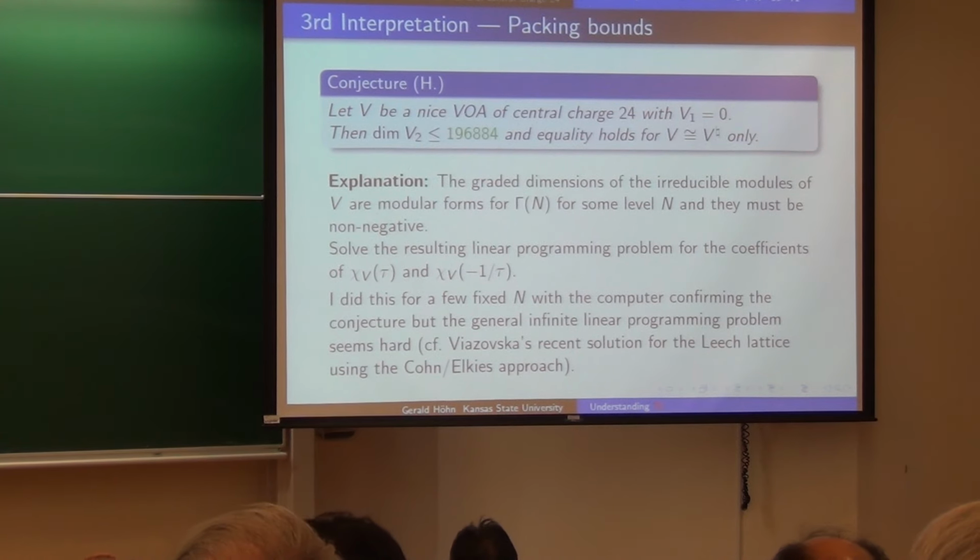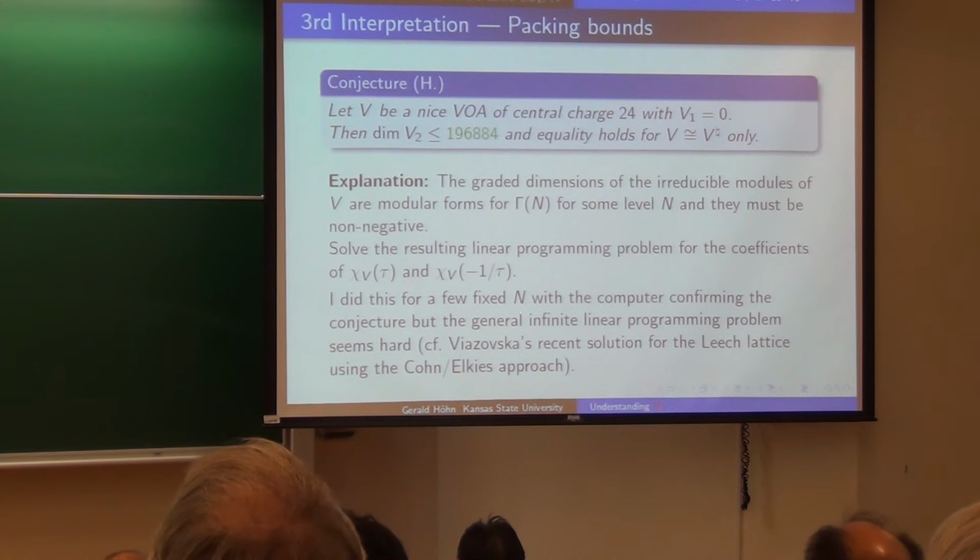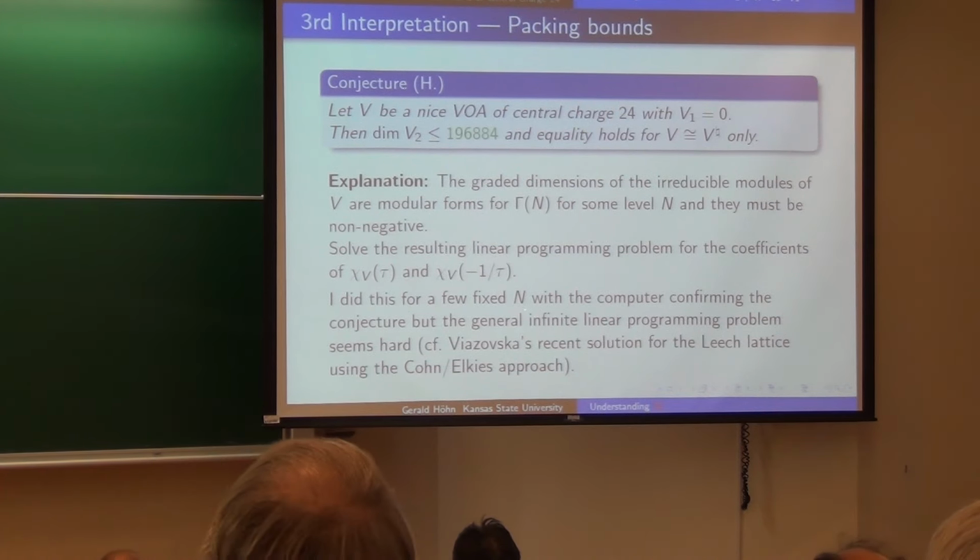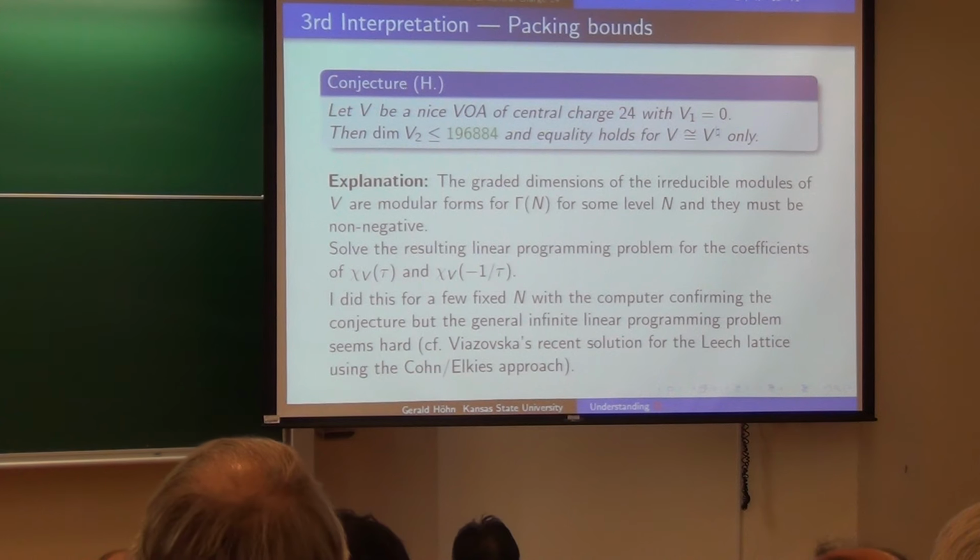Now you have a linear programming problem which you can try to solve. Namely, the coefficients here have to be all positive, the first coefficient has to be 0, and then you would like to maximize this coefficient. If you fix the level n, then you can let the computer do this linear programming problem, and I did this for a few n, and it confirms it.